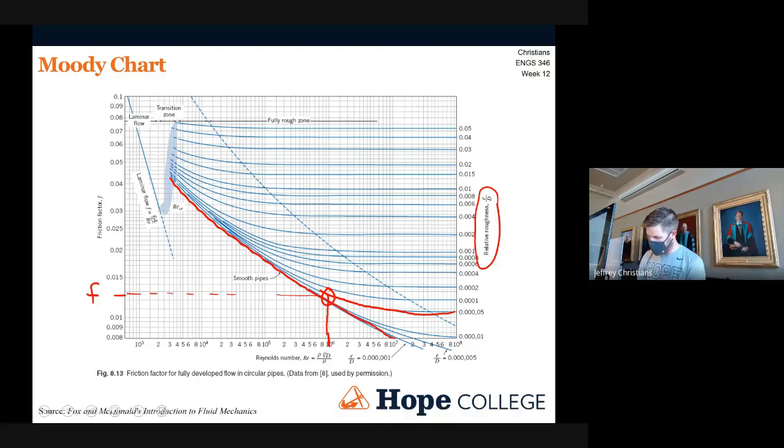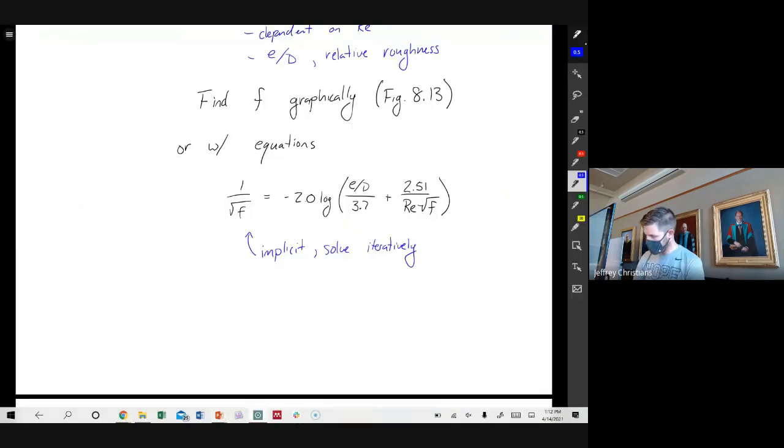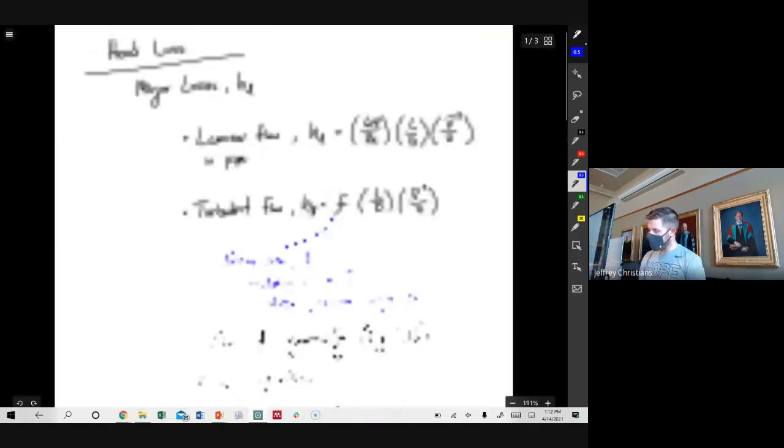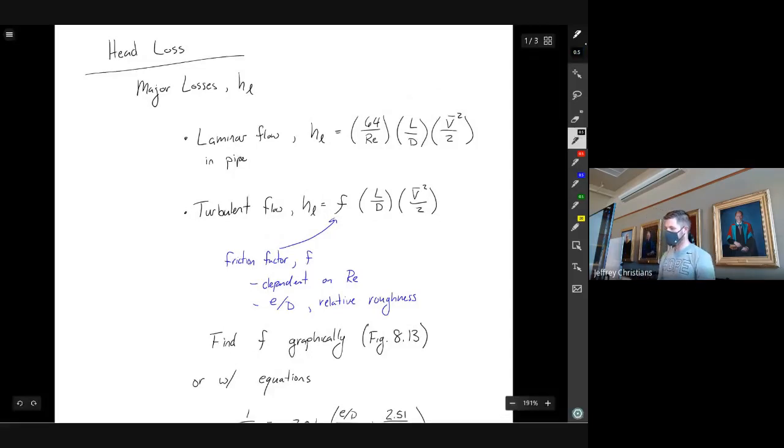These models are for major losses, just flow down a straight section of pipe. We would expect minor losses, like flow around a corner, to be dependent on the same types of things, like Reynolds number, what the thing is, like is it an elbow or whatever, and diameter.